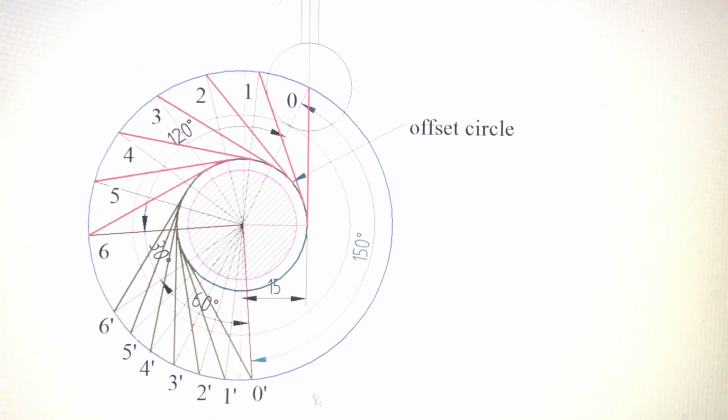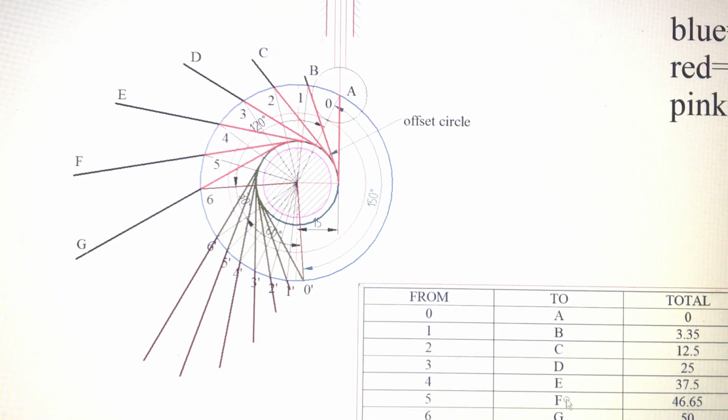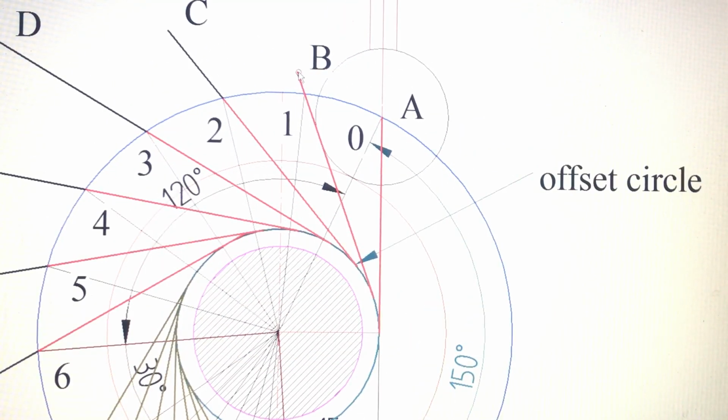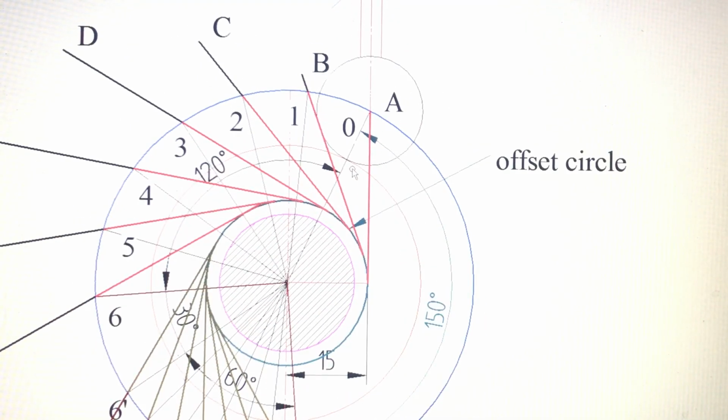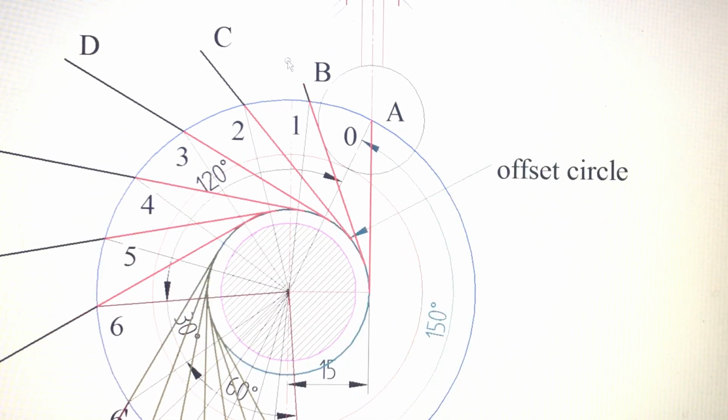In the next step, you need to take the distances from the displacement drawing, that is 0 to A is 0, then 1 to B is 3.35, same distance. So here you need to take it along this offset line. It should be parallel, or it should be extended linearly. 3.35.